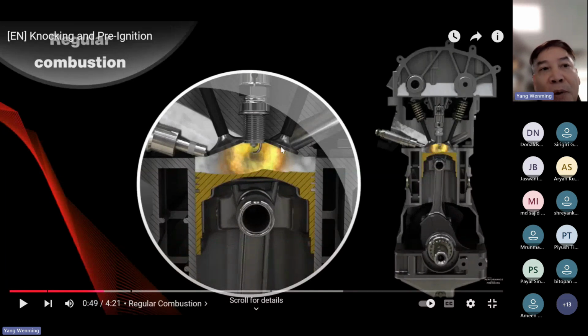This one is a normal combustion process, a regular combustion process, correct? For the normal combustion process, we can see the flame will be transported from the spark plug to the rest of the cylinder, to the cylinder wall, correct?